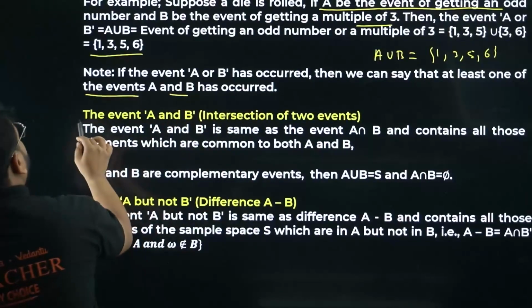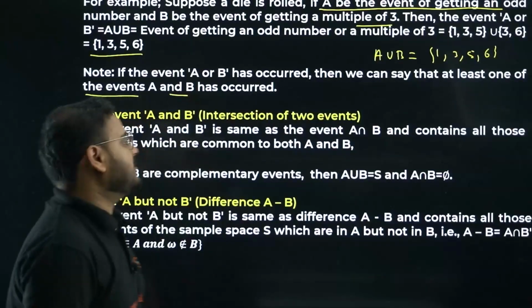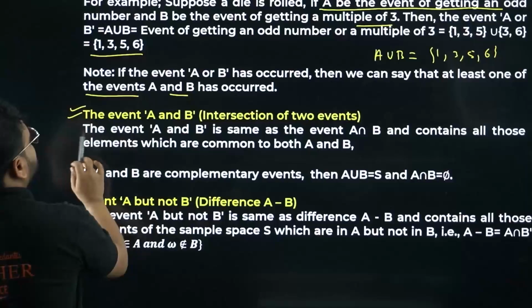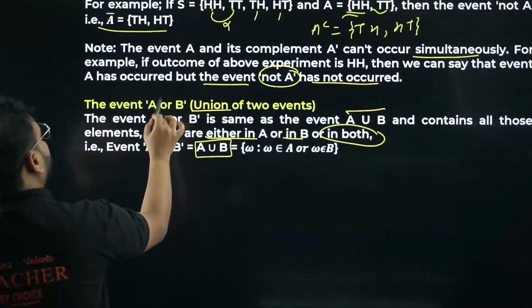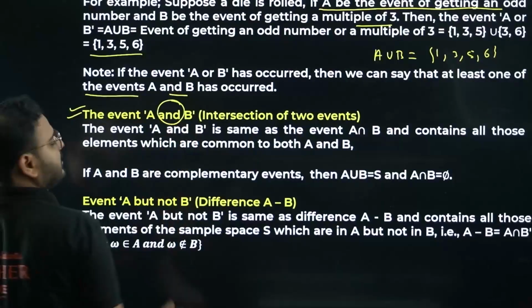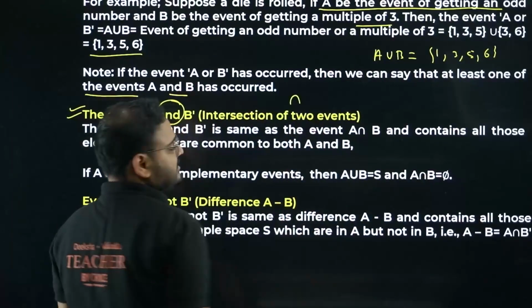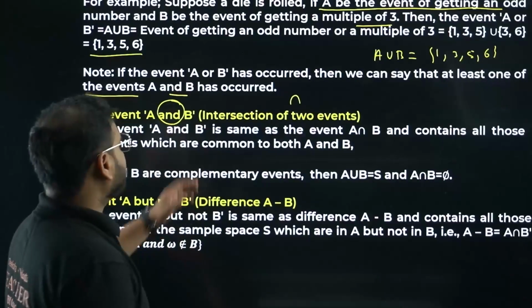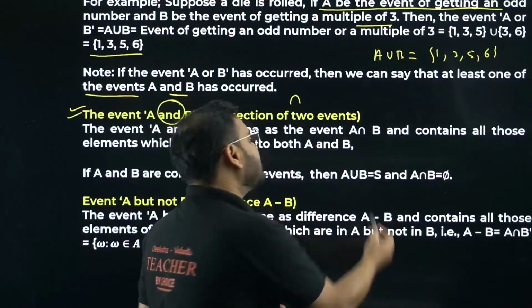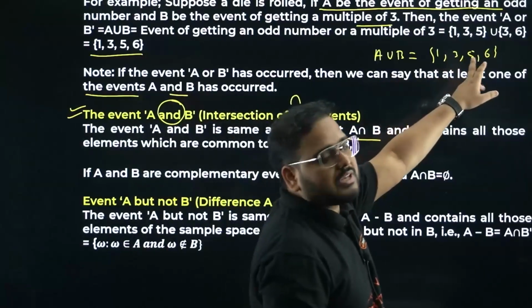Next is the event A and B. Think about it. There was OR in the previous case, right? In this case, we have AND over here. There's a difference. When we say AND, we mean this sign, the intersection sign. We call this the intersection of two events, written like this: A intersection B. For the same case, what is the answer going to be?